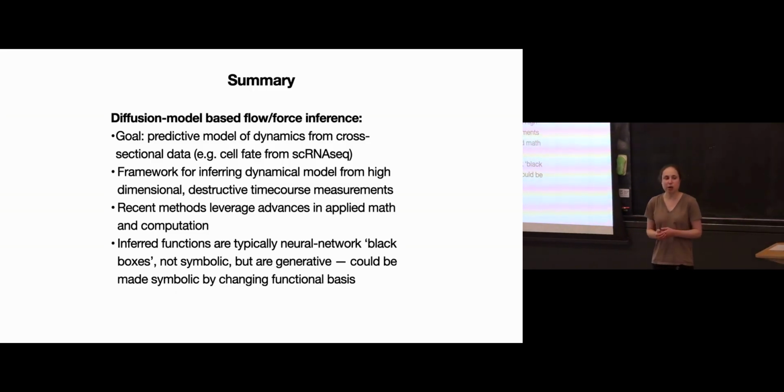You could infer other types of functions, or potentially do some kind of sparse regression on simulations after you've inferred something like a neural network model, if you wanted a symbolic model. They can nonetheless encode things about, for example, the interactions between different transcription factors.